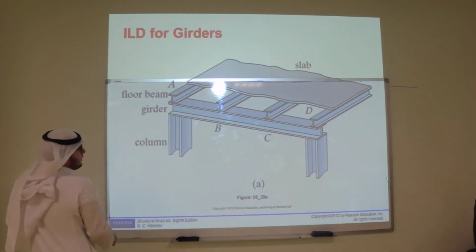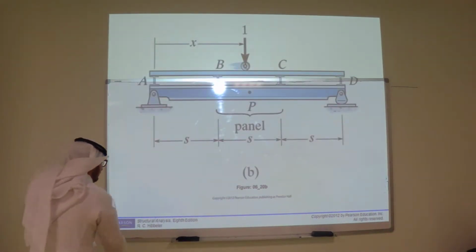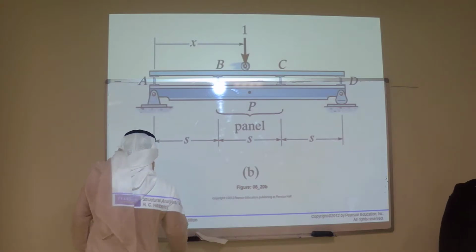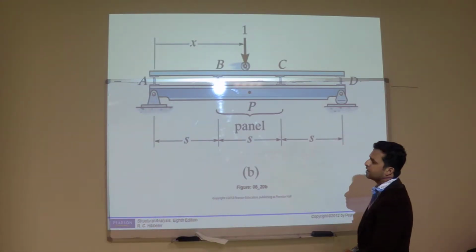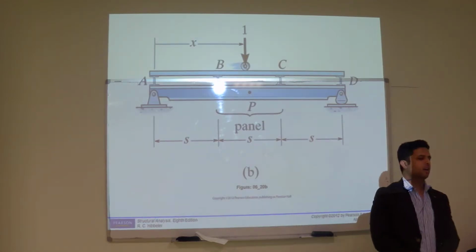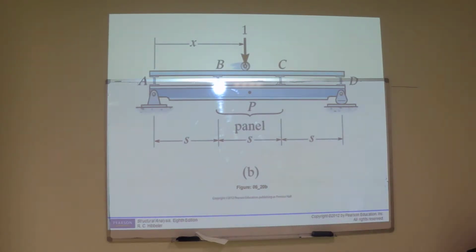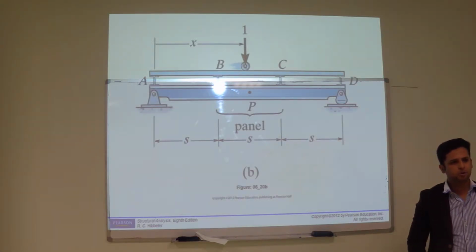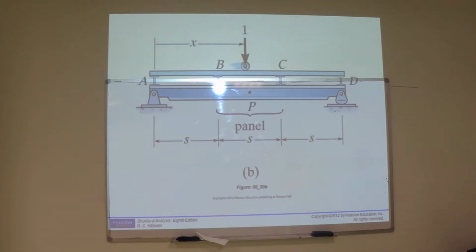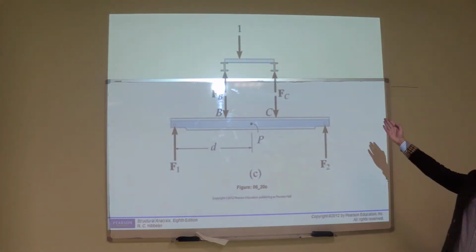Okay, next is the influence line diagram in girders. It's very simple, no new thing, same concept, same procedure, but now your load is acting like this.